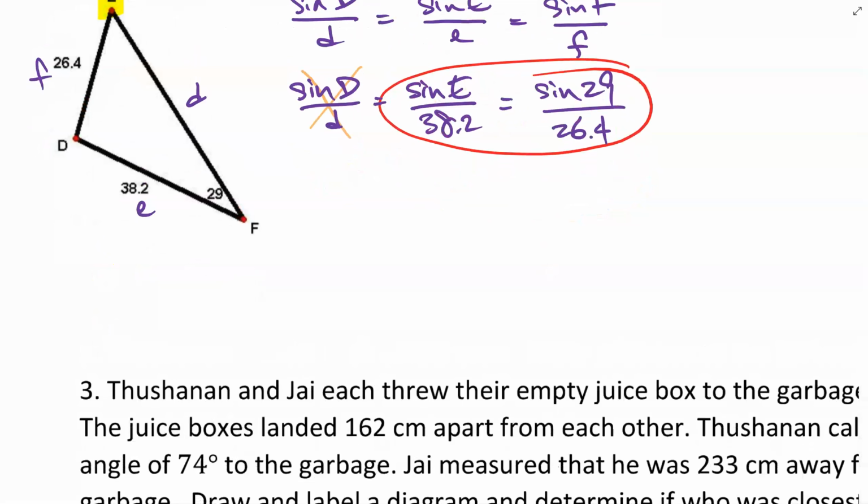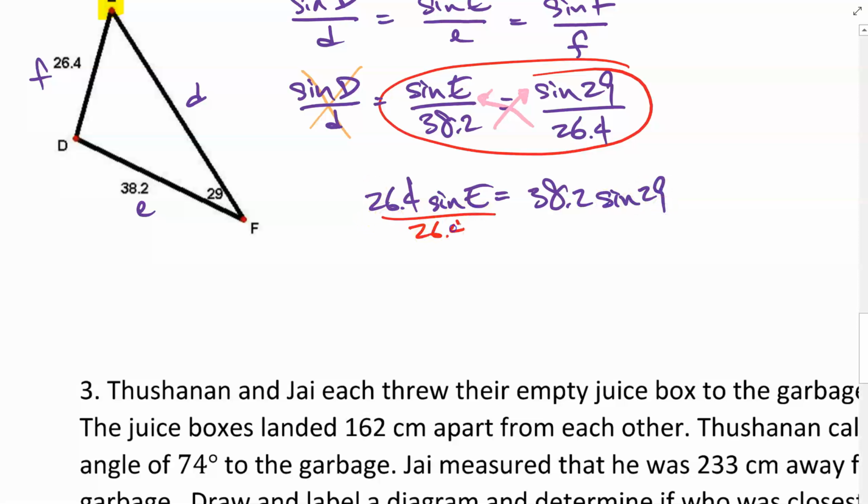Let's bring out the little cross multiplying, and we'll see this become 26.4 times sine E is equal to 38.2 times sine 29. We are going to at least get the 26.4 off of the left side by dividing it out on both sides, and we'll get something that looks like this.